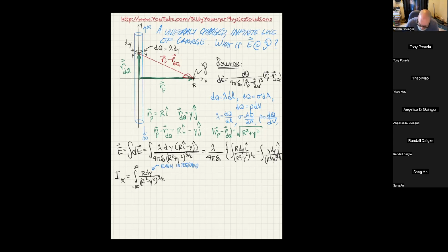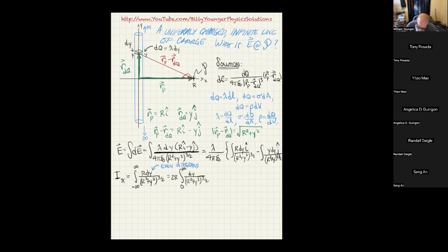I'm going to pull the r out in front because it's really not going to have any bearing on this. And what I'm going to get is r times the integral. Actually, let me say, I want to put the 2 first. 2 times r times the integral from 0 to infinity of dy over r squared plus y squared to the 3/2.